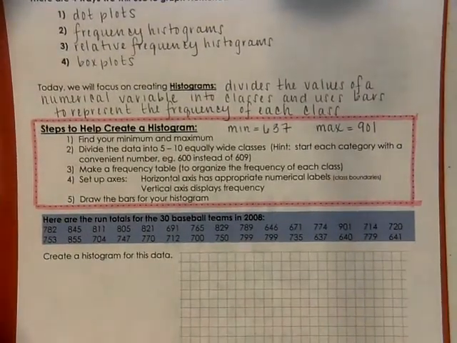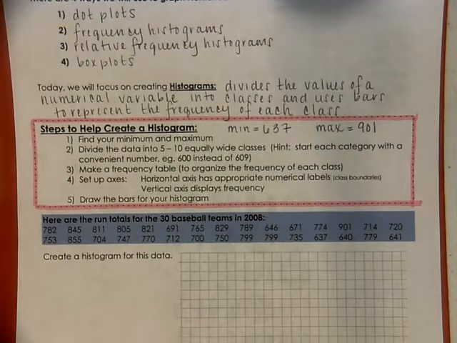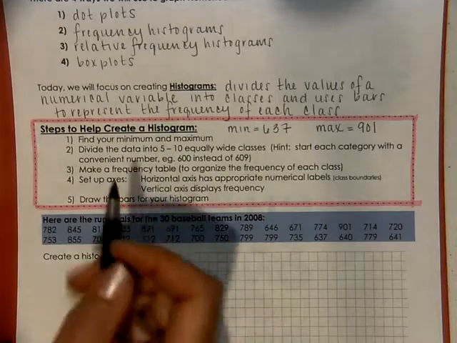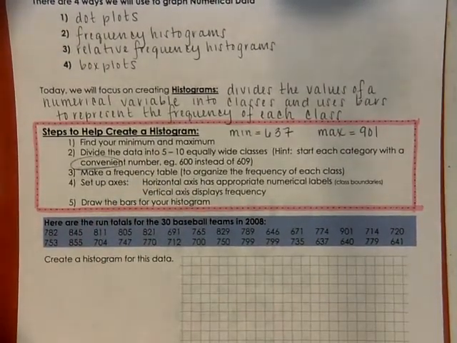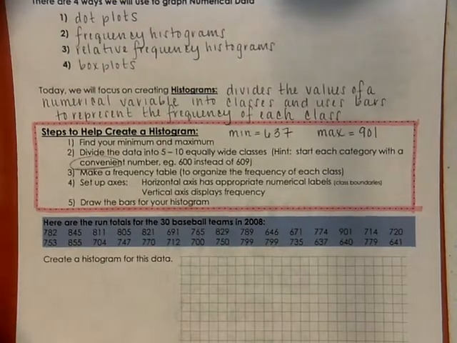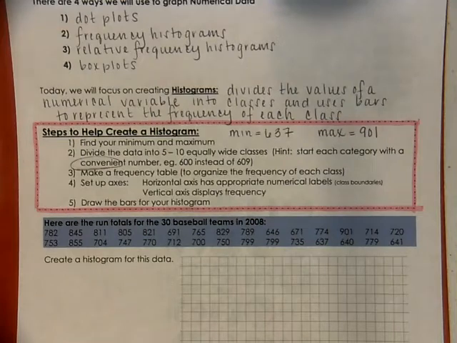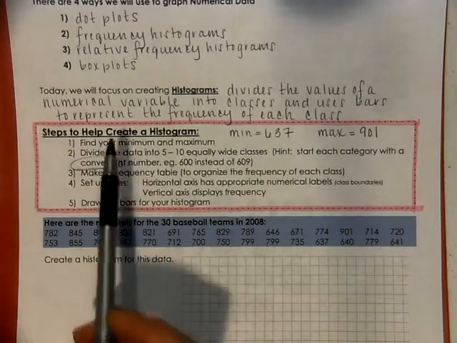Step 2, divide the data into 5 to 10 equally wide classes. Hint, start each category with a convenient number. So, for example, my minimum here is 637. 637 might not be the most convenient number to start at. So 630 might be better, maybe 620, 600, okay? Now, step 3, make a frequency table. Oh, sorry, hold on.